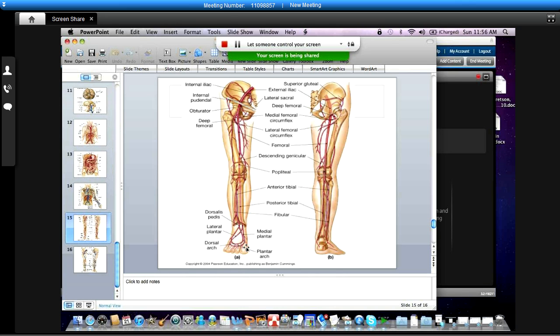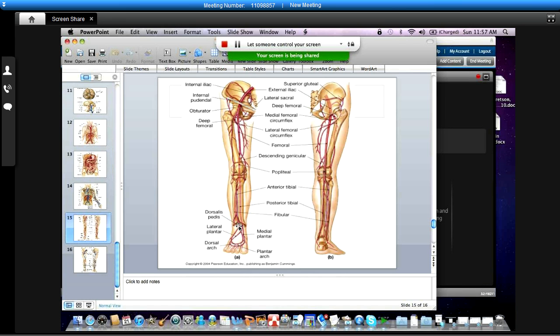And then 2 landmarks that are important, and I would expect you to know: the dorsalis pedis vessel. This is important because this is where we palpate for a pulse in the foot. Then there is also the posterior tibial artery. And again, that's another landmark where you can feel for a pulse.